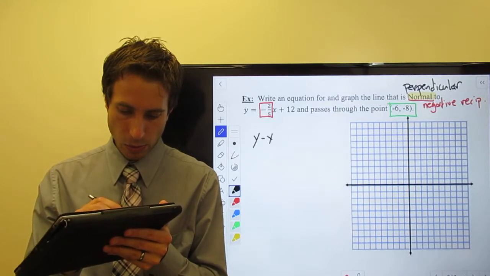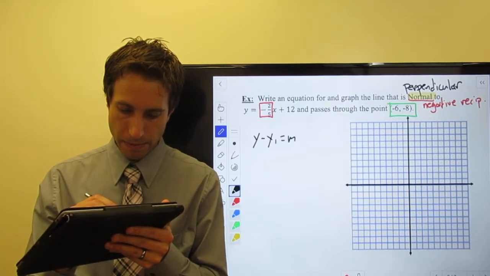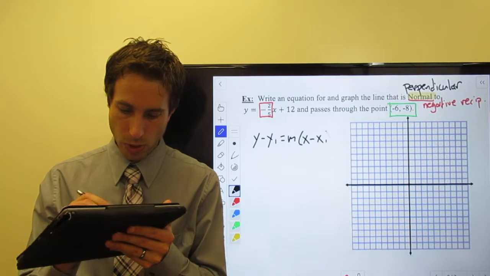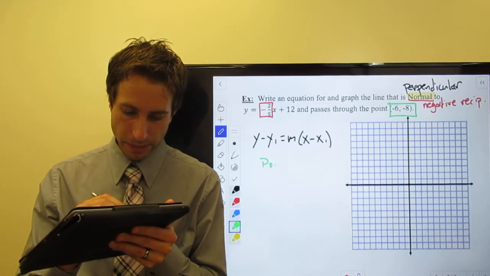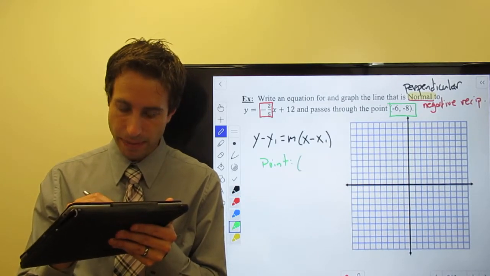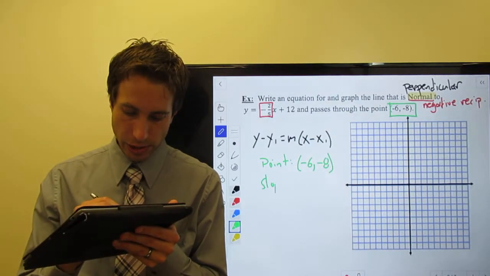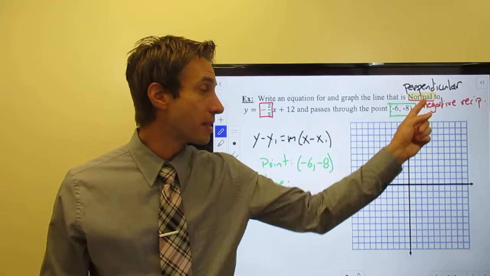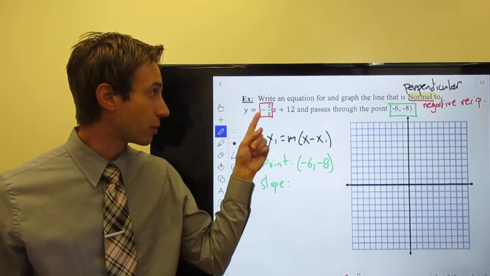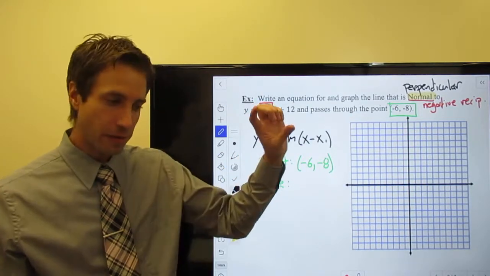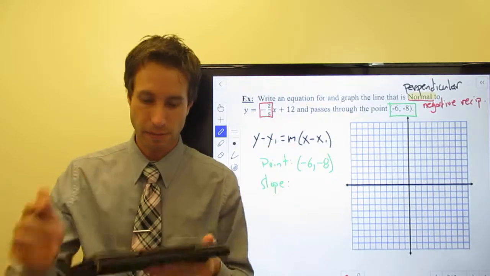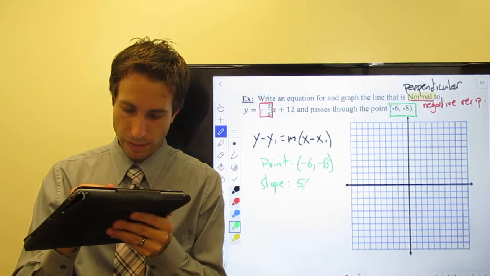Y minus y1 equal to m times x minus x1. And I need a point, which they gave me, -6, -8. And I need a slope. Since they're perpendicular lines, I need the negative reciprocal. Negative times a negative, positive. Flip it, 2/5 turns into 5/2. So I need 5/2.